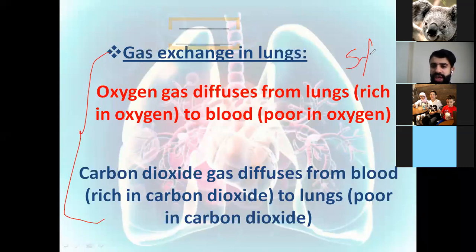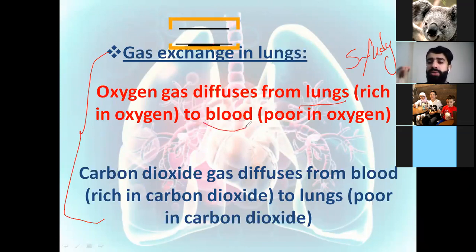Gas exchange in the lungs. Oxygen gas diffuses from where? From the lungs, the medium rich in oxygen, which contains a high amount of oxygen, to the blood that contains a low amount of oxygen. While carbon dioxide diffuses from the blood, which is rich in carbon dioxide, to a place that contains a low amount of carbon dioxide, which is the lungs.